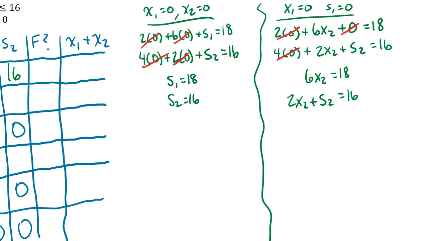Now we're going to solve the one that looks easiest first, the one with one variable. So if we solve that one, we just have to divide by 6 on both sides, and we'd get x2 equals 3.